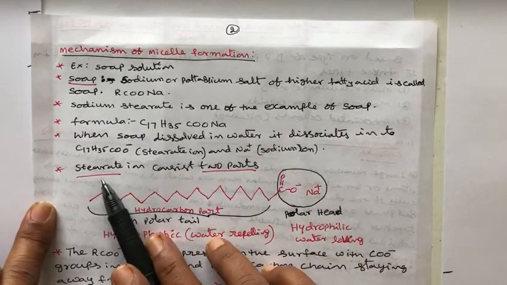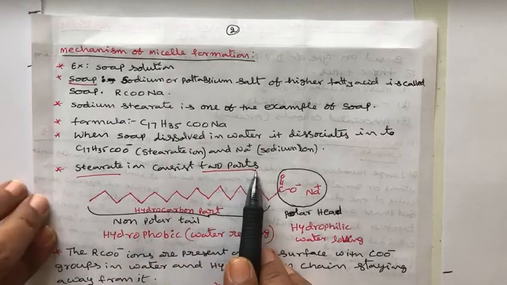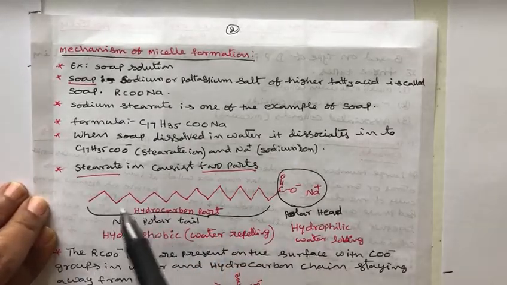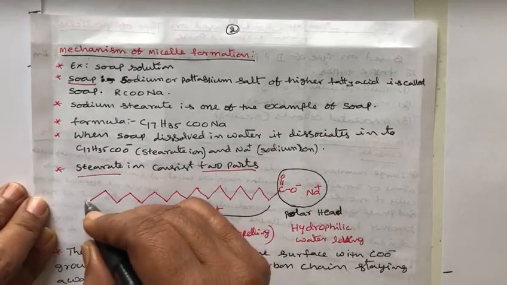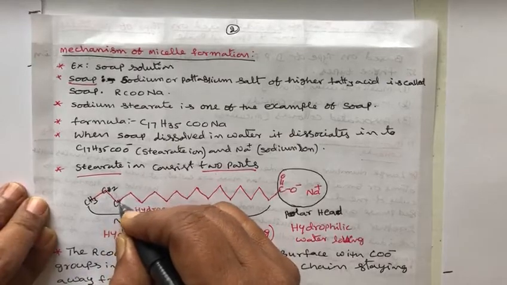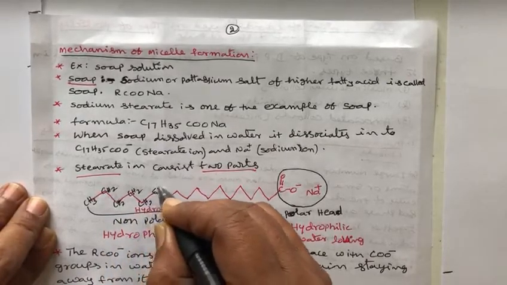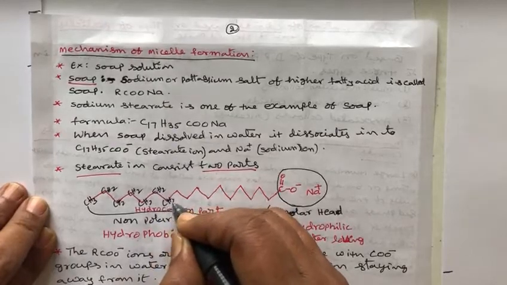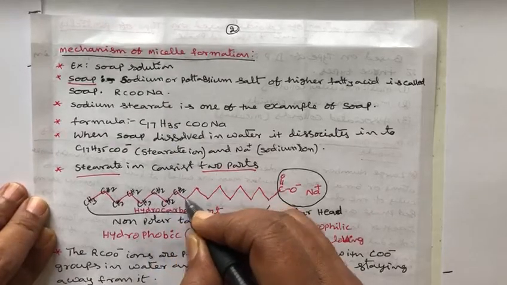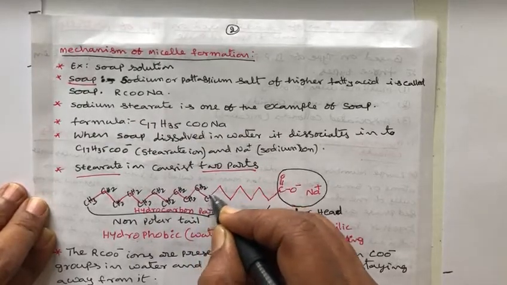The anion stearate ion consists of further two parts. The hydrocarbon part, that is CH3, CH2, CH2, CH2, and so on. This is the hydrocarbon part.